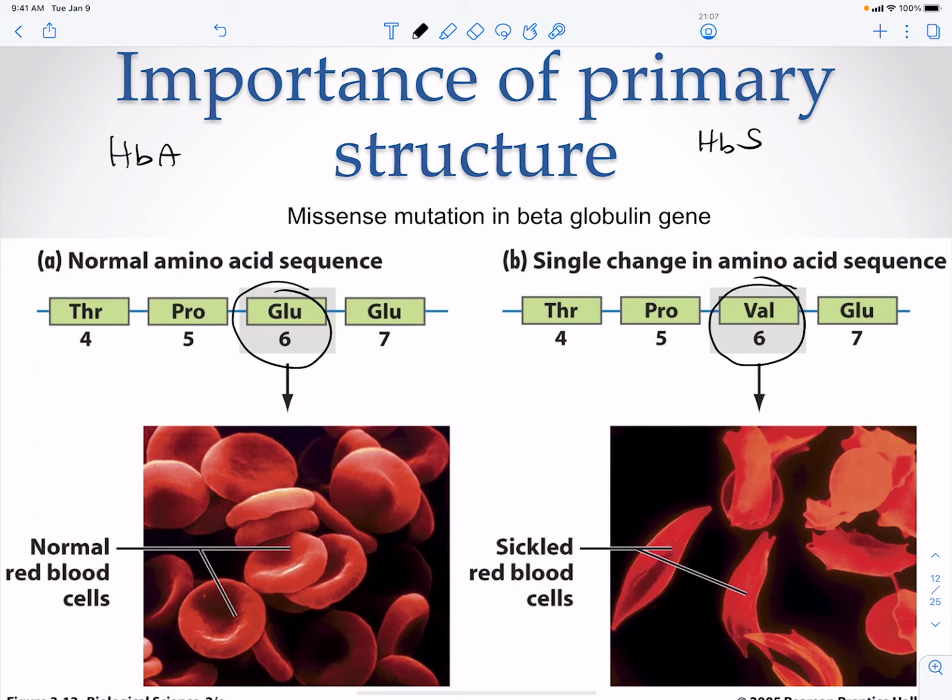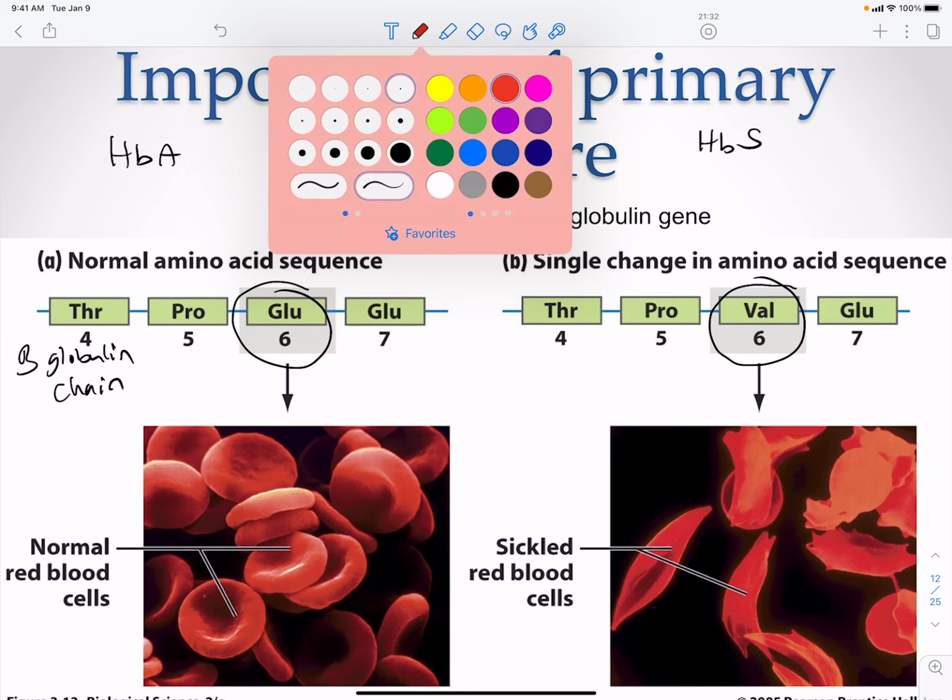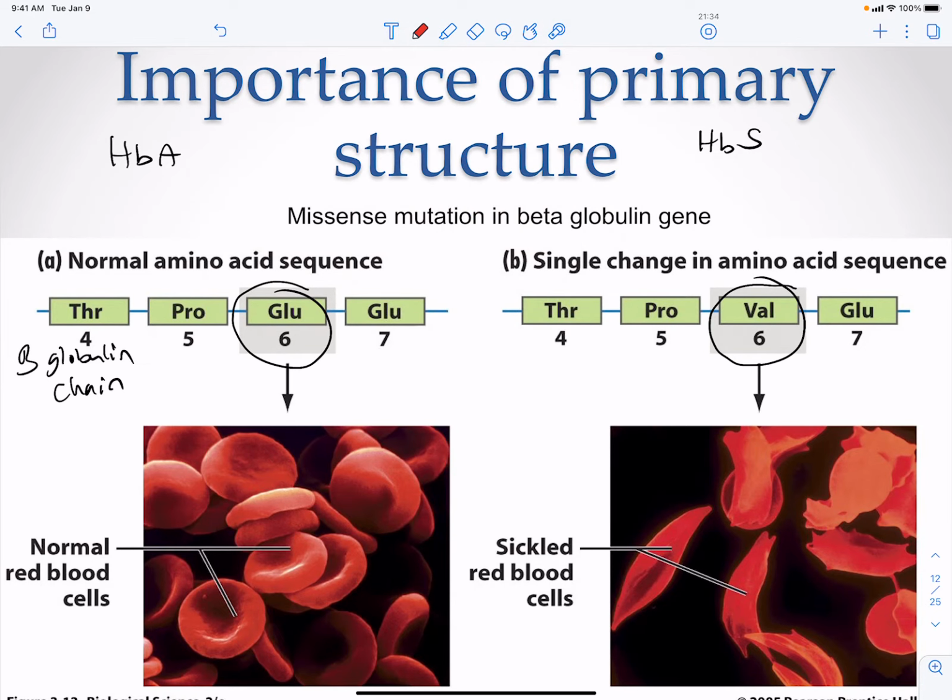In a normal beta globulin chain, that position 6 is held by a glutamic acid. And our sickle cell position 6 is going to be a valine. This is because there's a single point mutation from GAG to GTG.